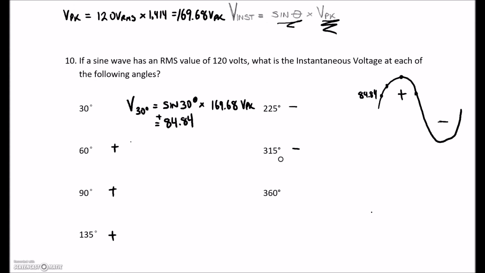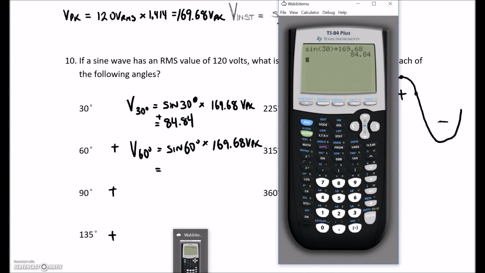Okay, then we're looking at the voltage at 60 degrees, so we're going to do the sine of 60 degrees. We're going to multiply that again by the same peak voltage. Okay, so let's clear this out. We've got the sine of 60, close brackets.